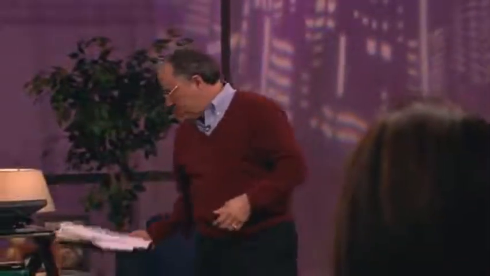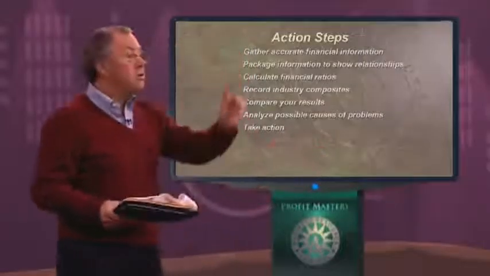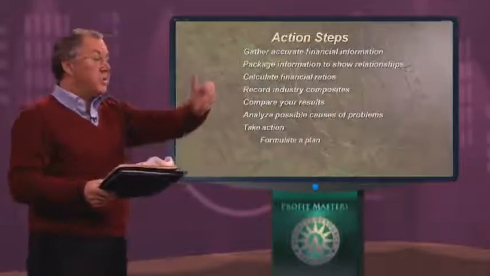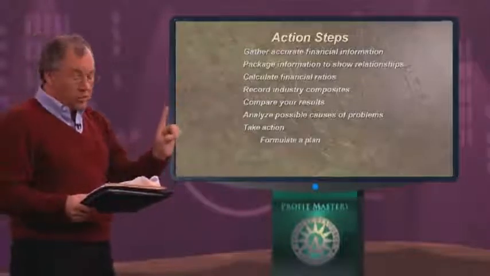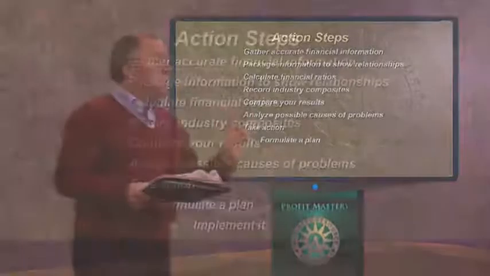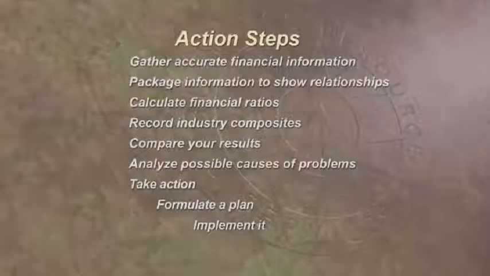If we can work our way back to the causes, and that's what we'll try to set up a format to do. And finally, what's the worst decision in business? Do what? Nothing. Do nothing. So do something, and when I say do something, formulate a plan. This process is going to lead us to think in terms of a plan. Implement it, but it won't always be right, will it? But it's better than no plan.